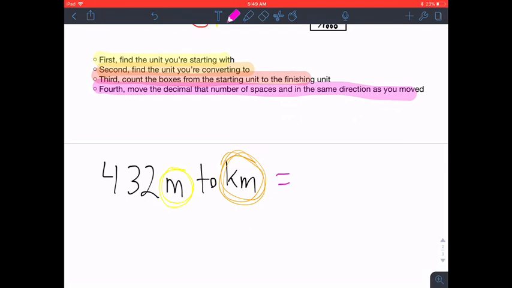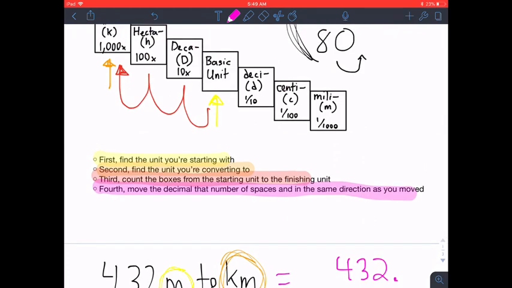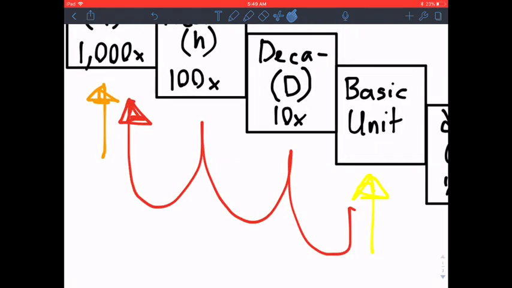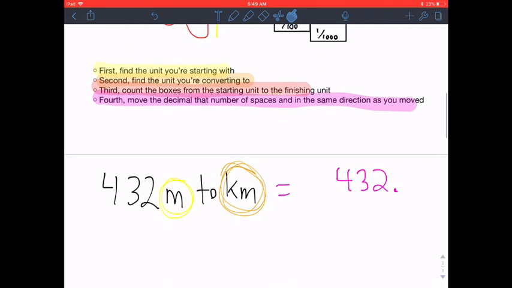Alright, so here's my answer. 4, 3, 2. The decimal in that number, because we're not showing it, if you don't see it, the decimal's always at the end. And we're going to move it according to this red line right here. We're going to move it 3 spaces to the left. So here we go.